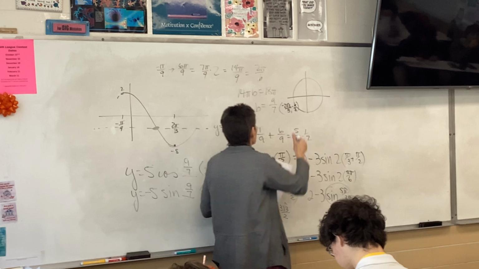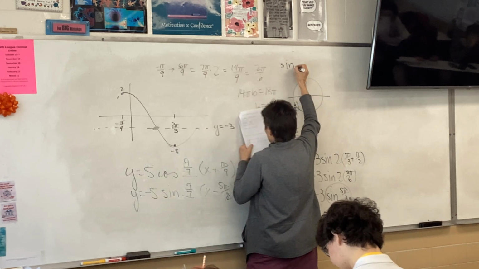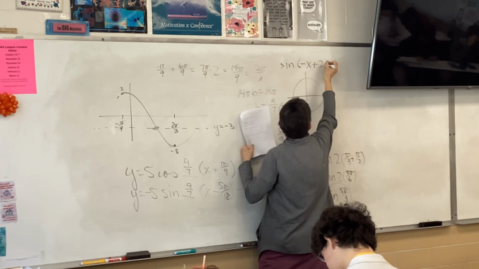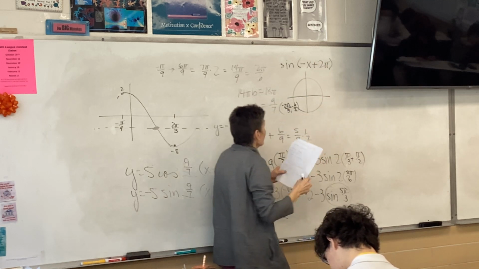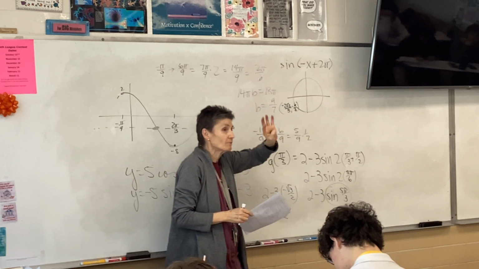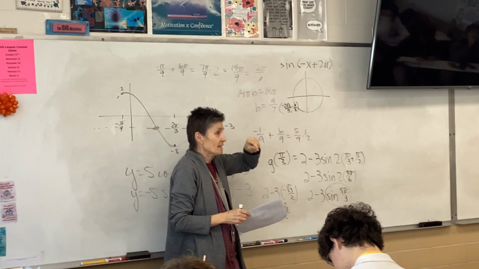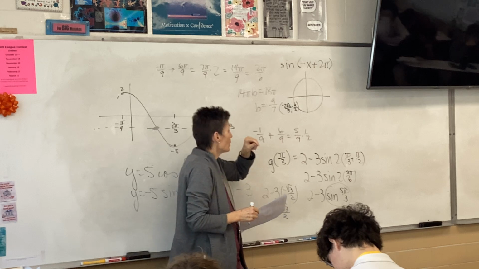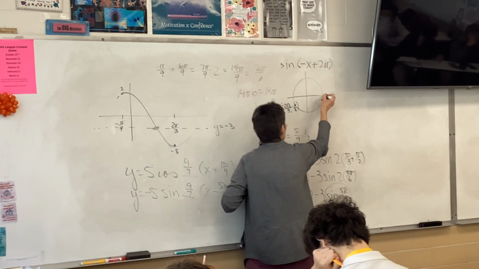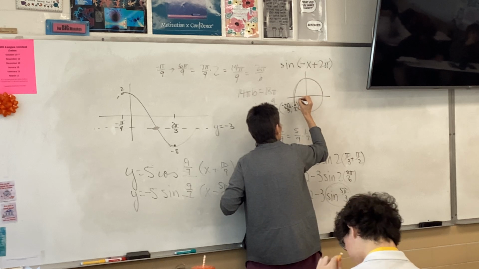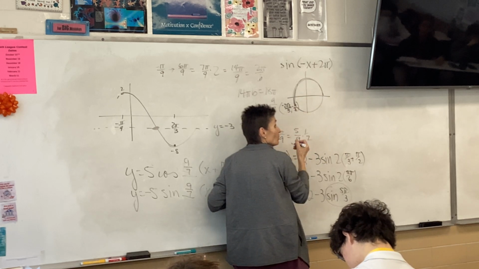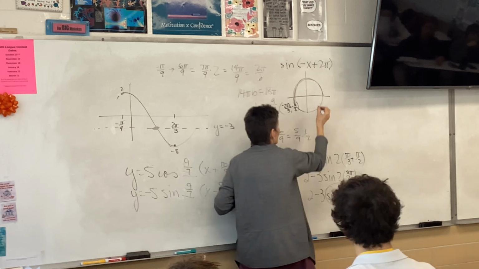Now it says find the sine of -x plus 2 pi. When we talked about these in our notes, I suggested that you turn it around. You don't have to do that, but I think that's easier. Where will -x be? Now remember, this is x, okay? So where will -x be?